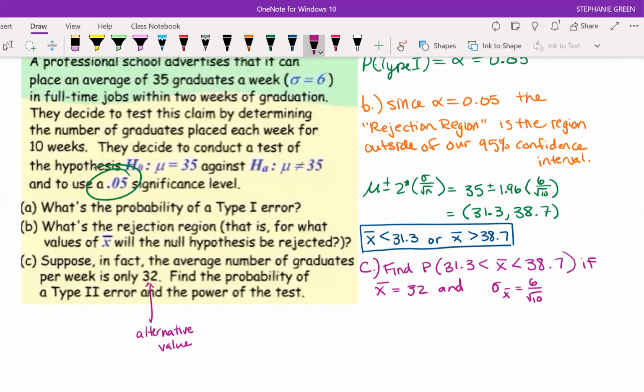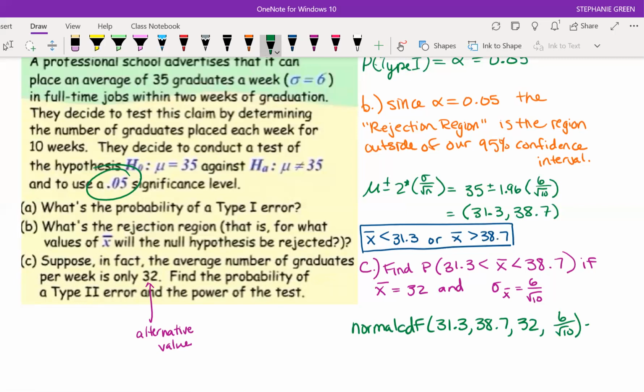Okay, so we can calculate that probability multiple ways. Let's just do it the easy way. We'll use normal CDF on our calculator. Lower bound, upper bound, mean, sample mean, standard deviation.